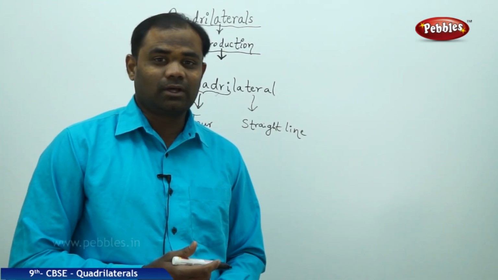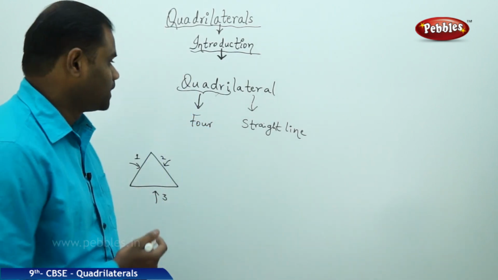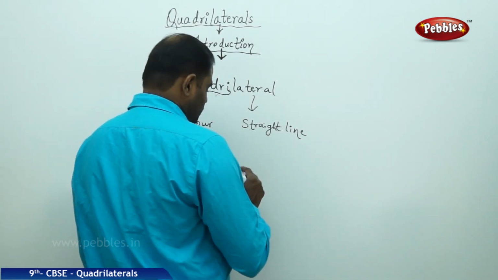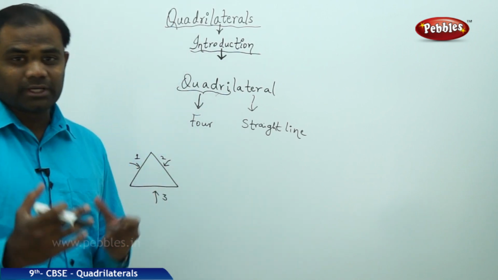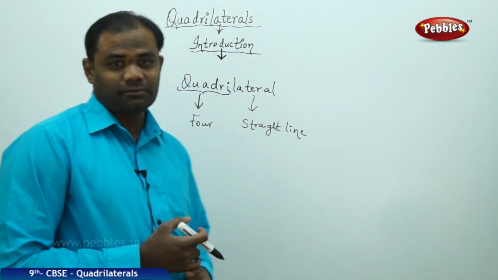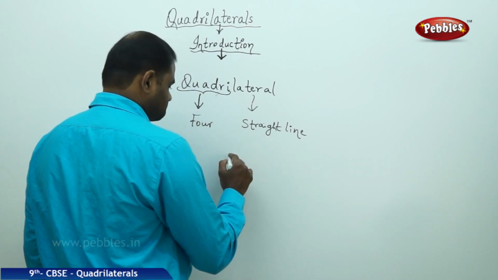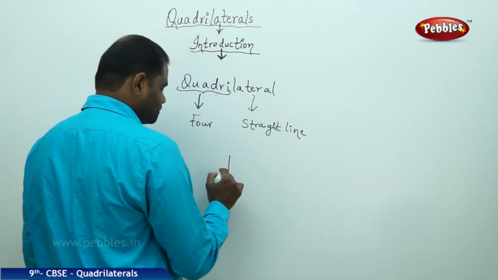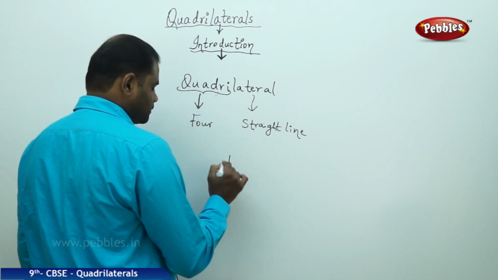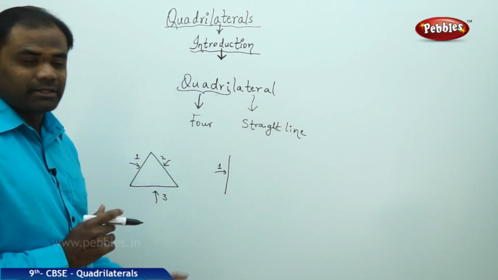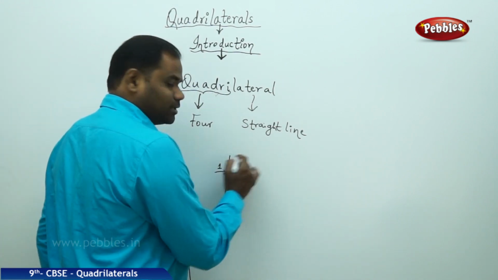So let's see how a quadrilateral is formed. Imagine I take four lines which join together to form a closed region. For example, I have line 1. This is the first line, and I take the other line and I join it here.